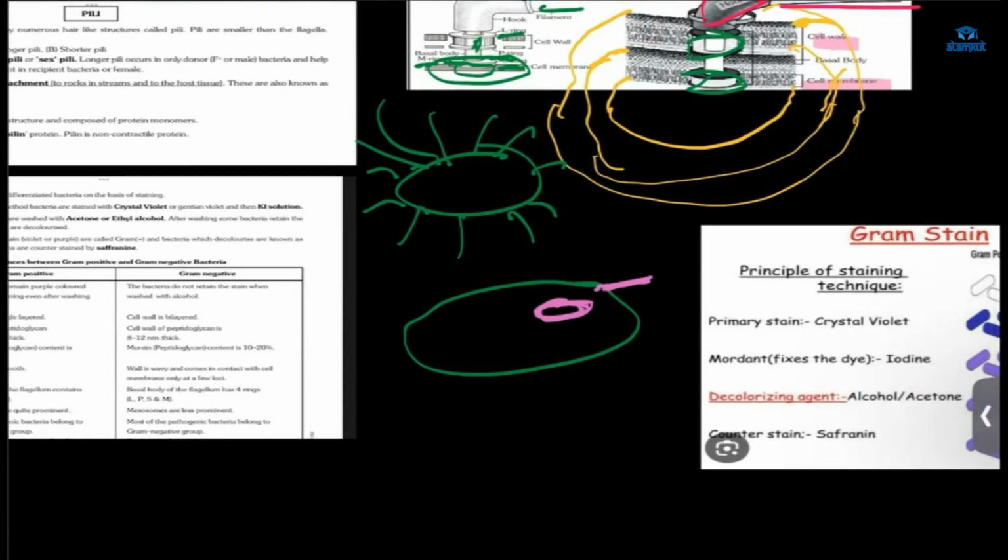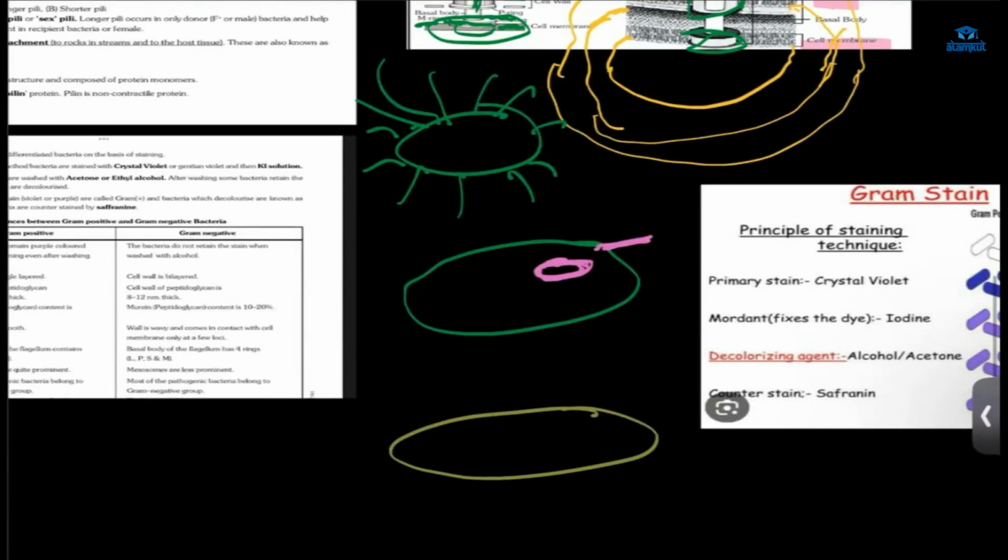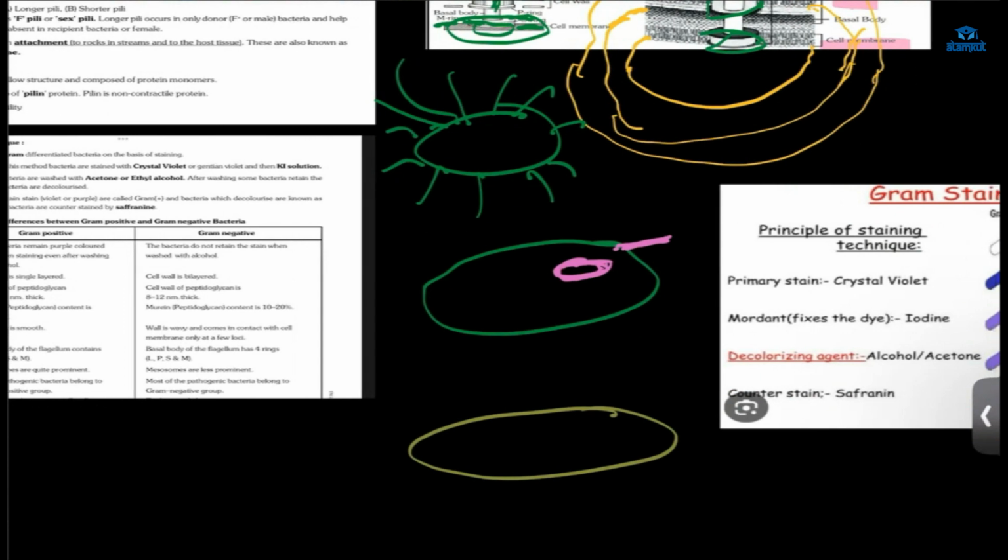If it has sex pili, what will happen when it meets another bacteria that does not have sex pili? When these both meet, because this one is not having any genetic material, what will happen? There will be reproduction.